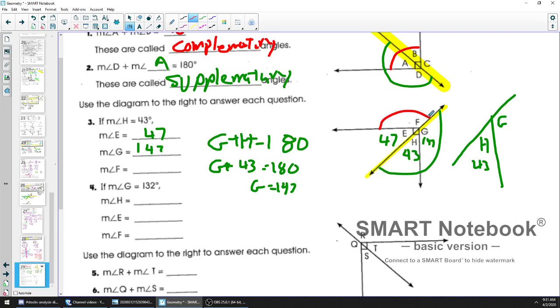I'm past 90 degrees because it's a big angle. So I'm going to keep going, and would you look at that? I make another straight line. So this red part, what two angles am I using? If you said E and F, you were correct.